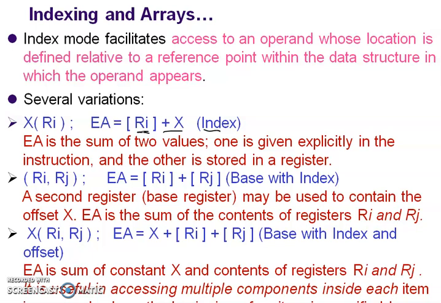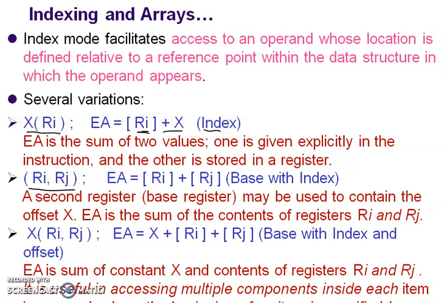Then base with index register value. That is, you will be having a base register also, and that content will be added with the offset value. Okay, it means that the base register will be having the offset value. This offset value will be stored in the base. So the notation will be like Ri comma Rj.